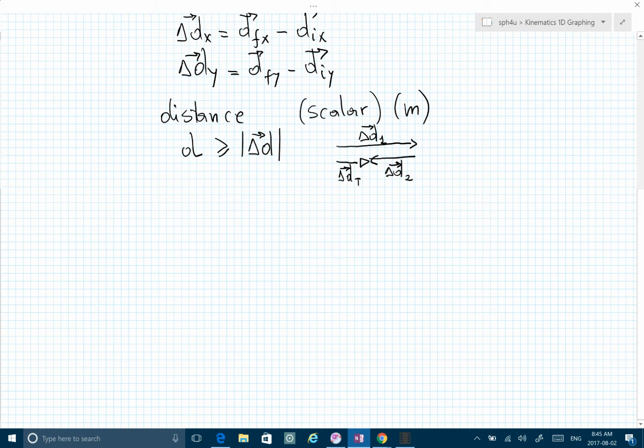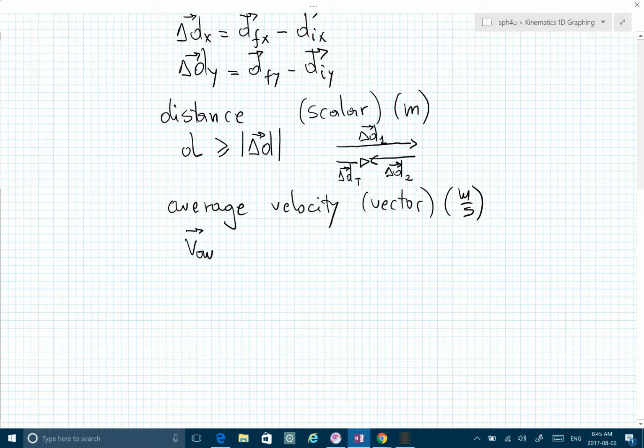Then we have rates of change, right? So the first one is average velocity. It's a vector, and the units are meters per second, and average velocity is defined as the rate of change of displacement over time.